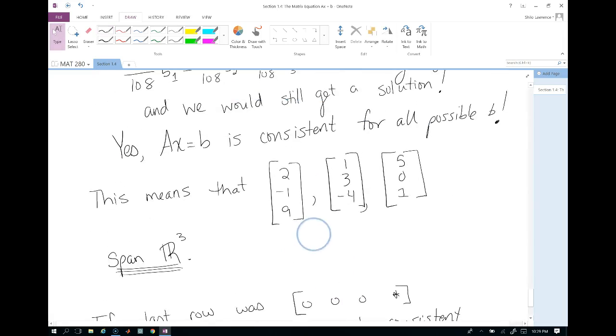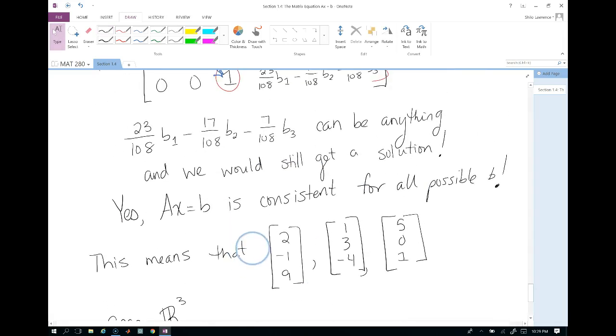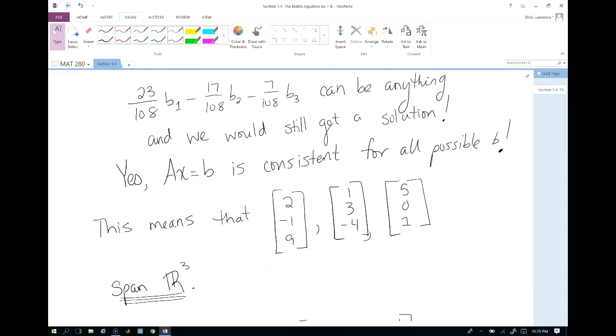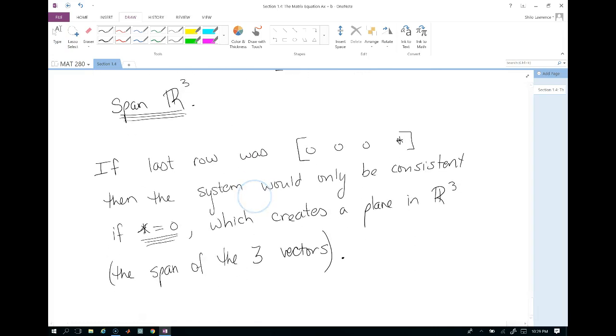So in this case, in our example, the B1, B2, B3 were not restricted at all. That means we span the entire three-dimensional space.